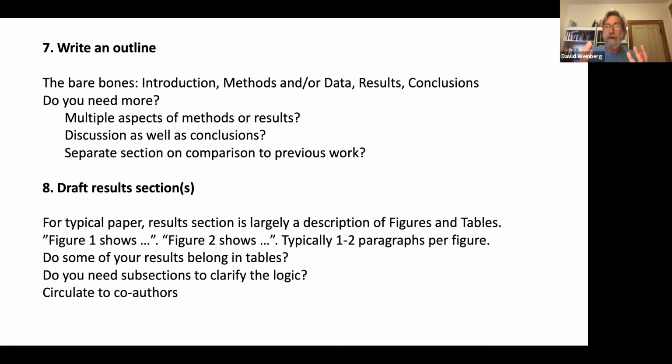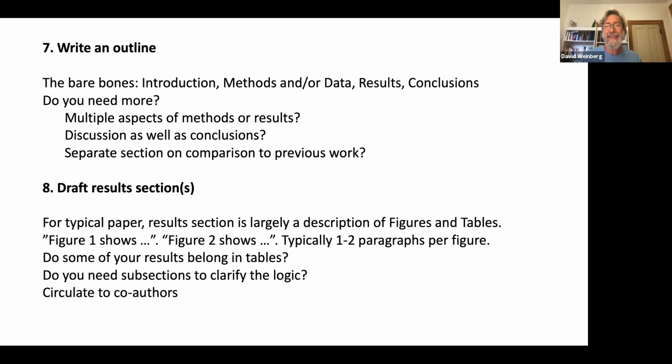And then you want to think about, are those 2 different main sections, or are they 2 subsections of methods? Your results, again, might have 2 or 3 different aspects. And again, you want to decide, are those sub pieces of an overall results section, or do they stand on their own as high level sections?